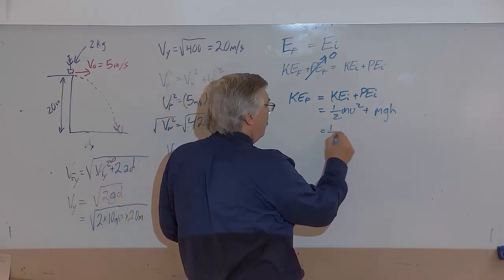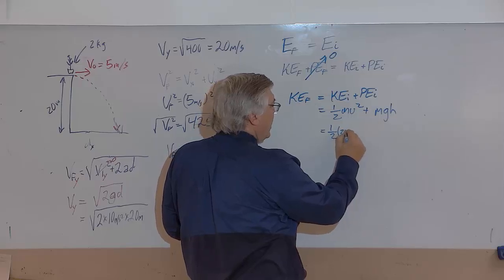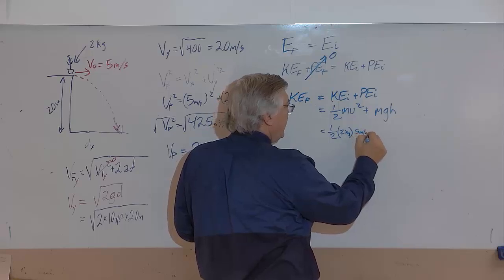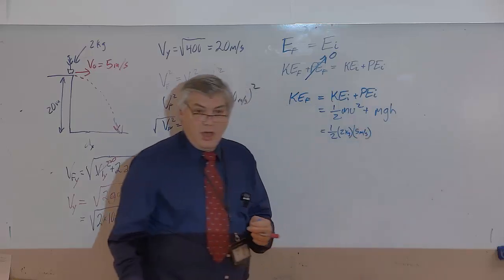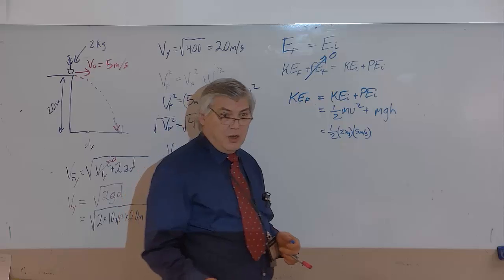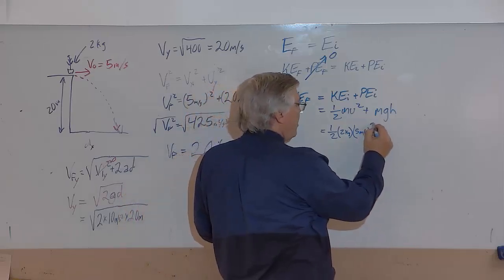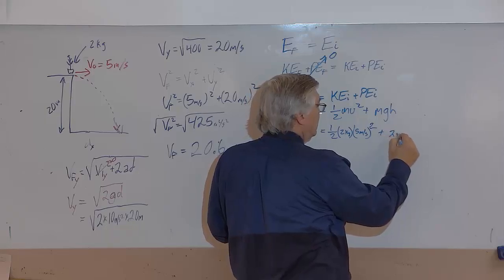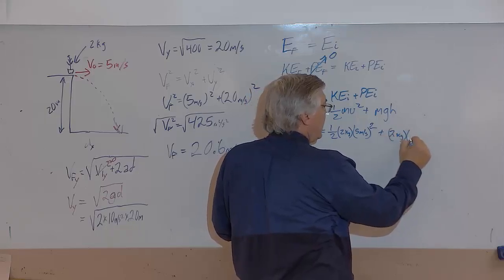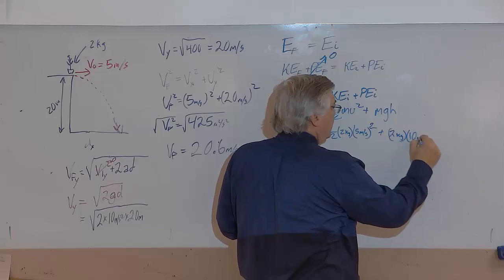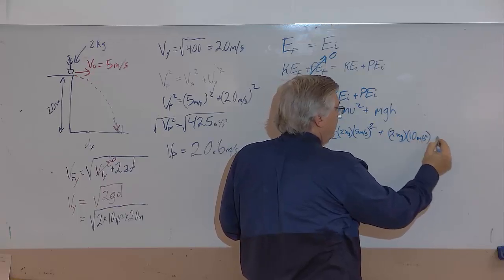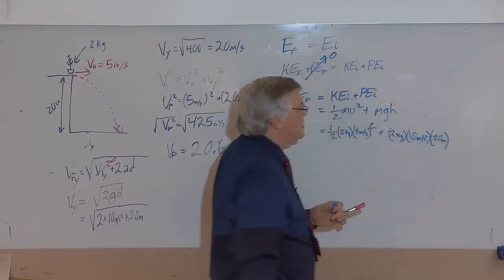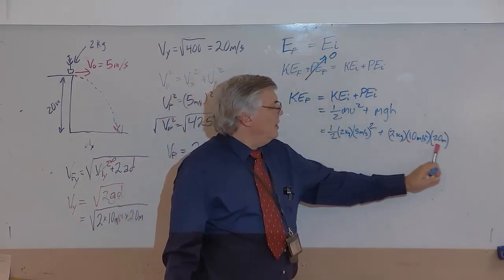I know this is 1/2 times 2 kilograms times 5 meters per second, that's the horizontal velocity when I kicked it or knocked it off, and that's squared, plus 2 kilograms times 10 meters per second squared, 9.8 really, times 20 meters. That's my height, m, g, and h.